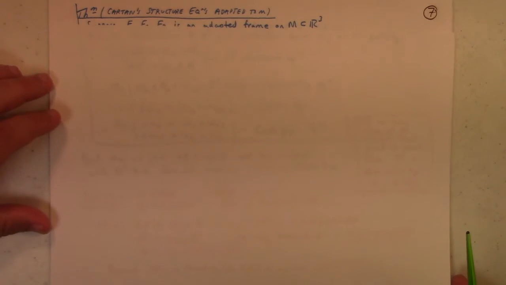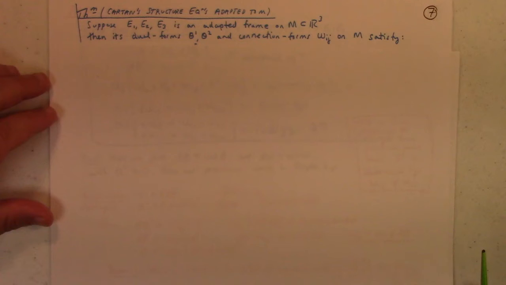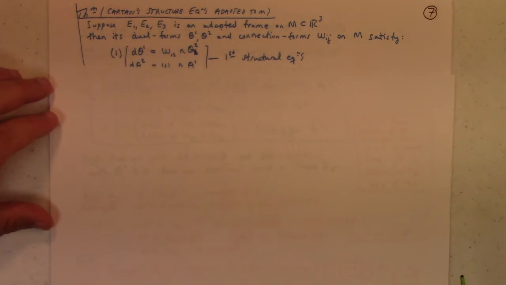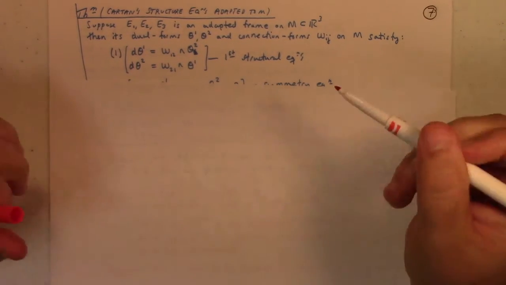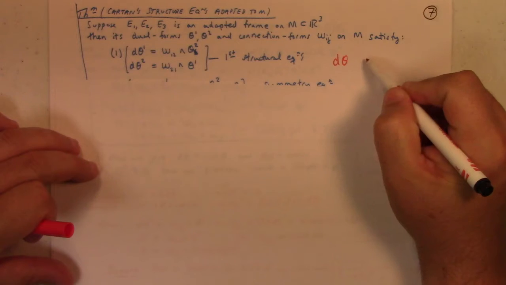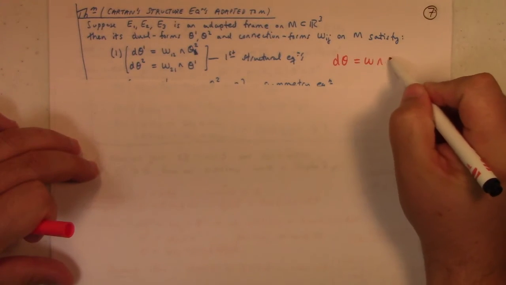So Cartan's structure equations adapted to the surface are just kind of like what we saw before. You've got the first structural equations, which of course we could write more elegantly as just d theta is equal to omega wedge theta if we wanted to.